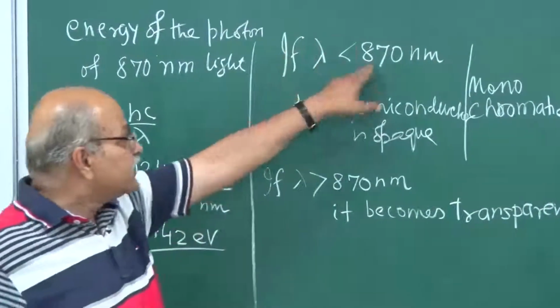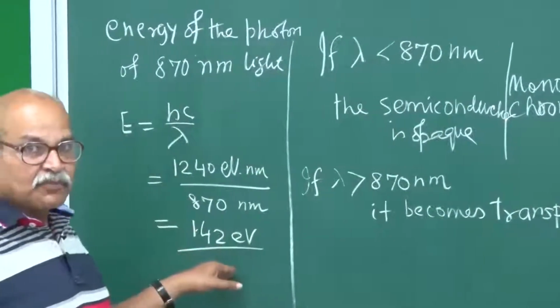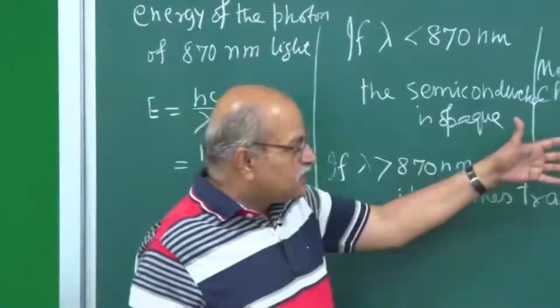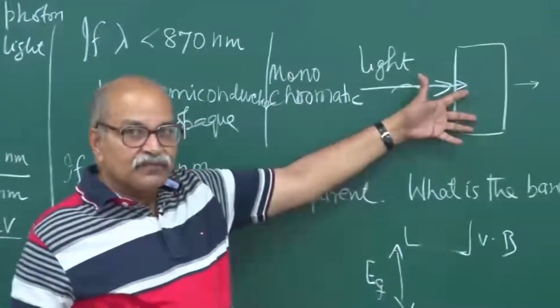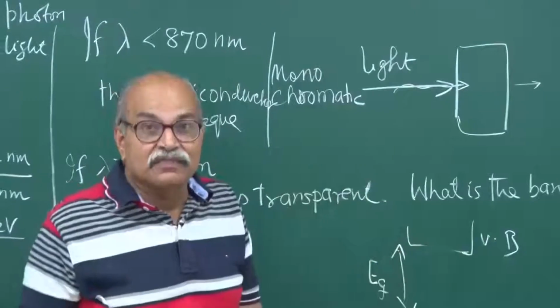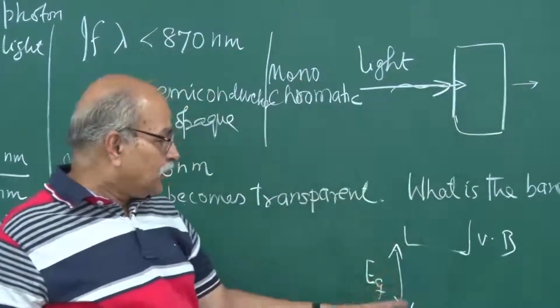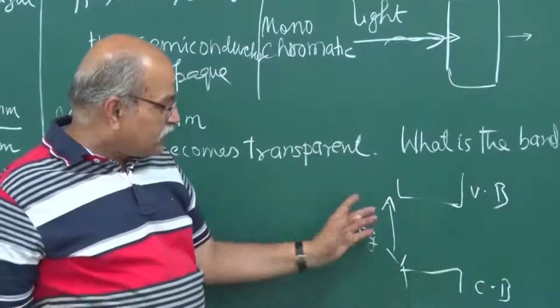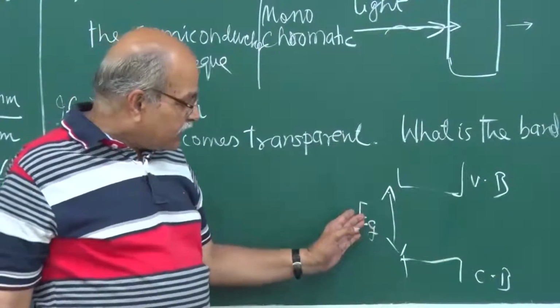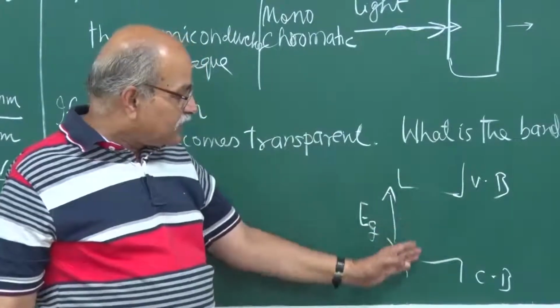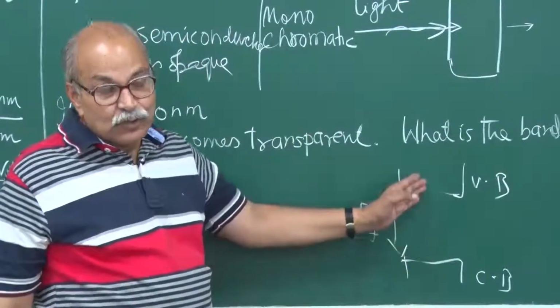So, that means if lambda is less than this, the energy is more than 1.42 eV. If the energy is more than 1.42, then it gets absorbed. It is opaque, light doesn't come out. So how can it absorb? It can absorb if the band gap is 1.42 eV.